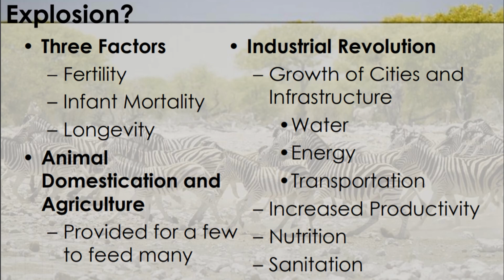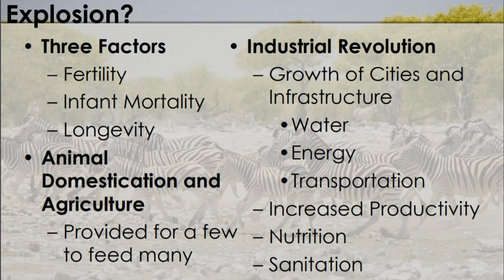Here are some of the factors that contributed to that exponential growth, that explosion of population size that we saw on the previous graph. Fertility, infant mortality, and longevity are three of the factors that contributed to it. Animal domestication and agriculture provided for a few to feed the many.